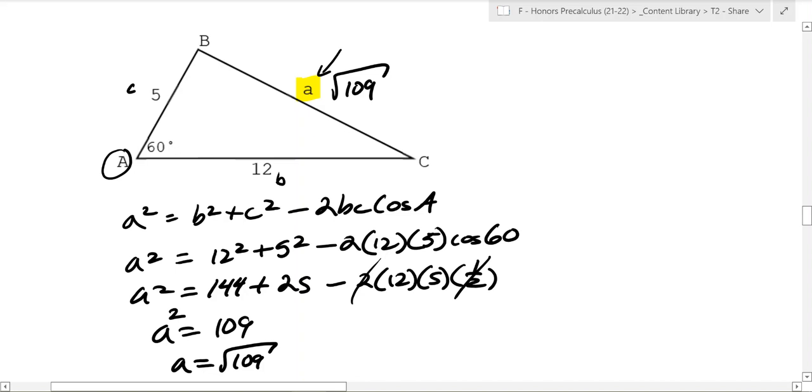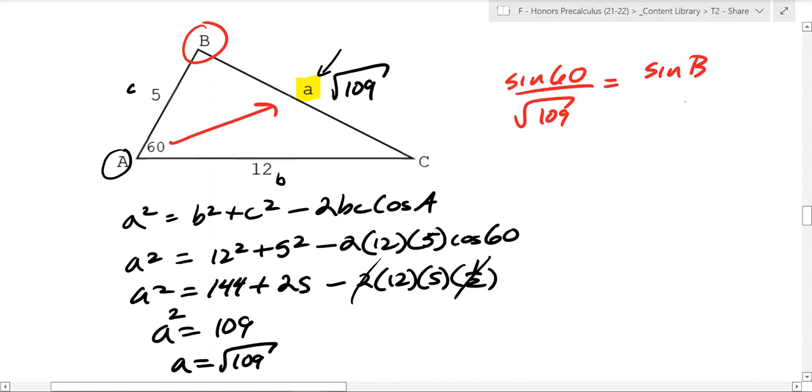But now that we have an opposite side, we can use the law of sines. If we call this angle B, we know that sine of 60 over the square root of 109 will be equal to the sine of B over 12. How do you go about solving this?